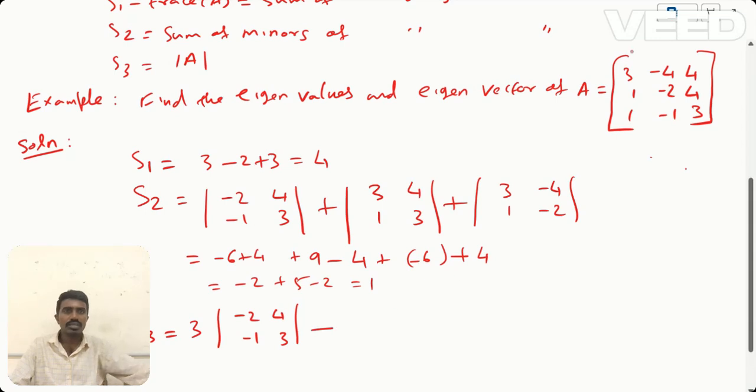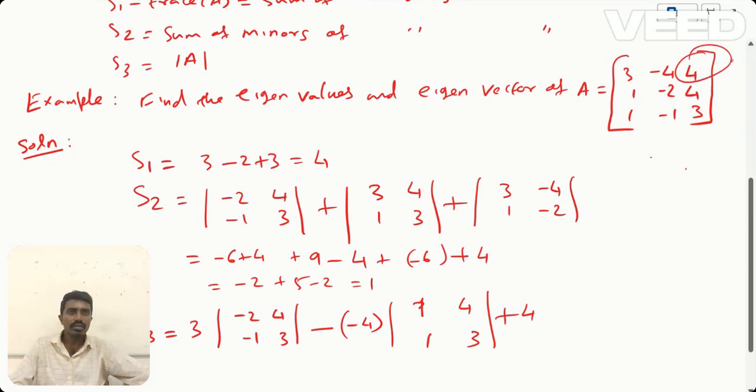Next, minus 4 times the determinant of, remove this column and this row, and the remaining determinant is [1 4; 1 3]. And then the next element is 4, remove this column and row, then the remaining determinant is [1 -2; 1 -1].